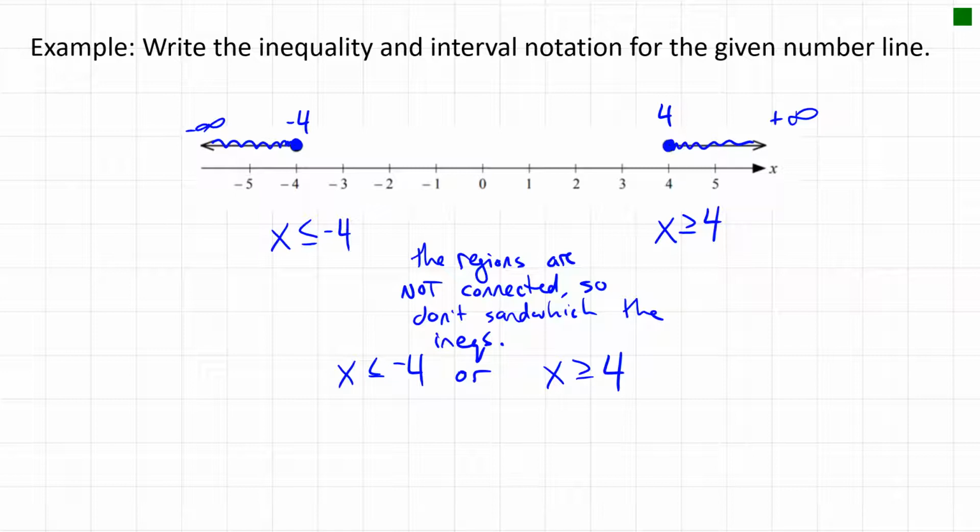So in interval notation, we would write that as -infinity, comma, -4 with a square bracket, and then the union symbol, which is just a big U, and then 4 to infinity. And this U, called the union, just shows that it's the combination. It's like saying and or. It's just the combination of those two intervals.